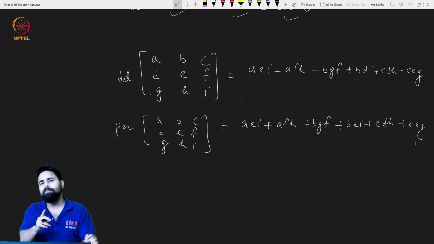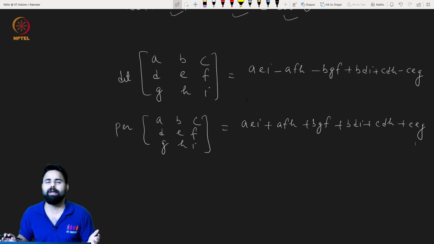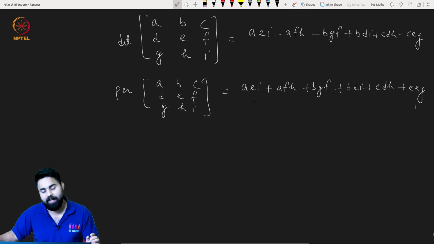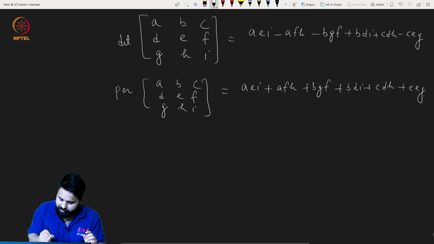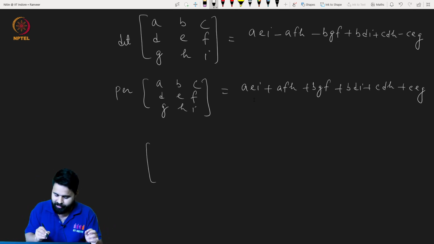Now let me relate, like the determinant can be related with finding the number of spanning trees, a similar thing with the permanent. Suppose I take the permanent of a matrix with only 0s and 1s. It need not be a symmetric matrix, you can take any one.